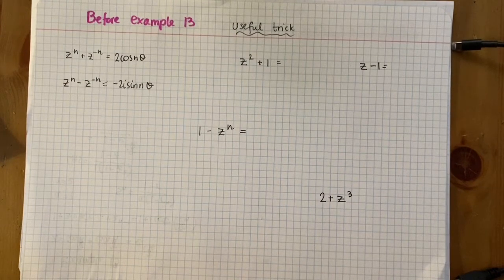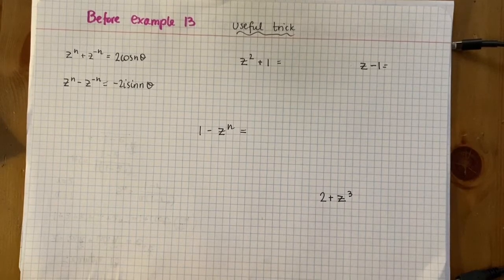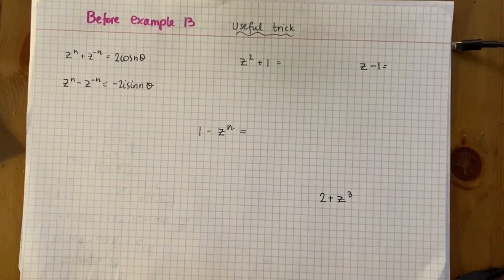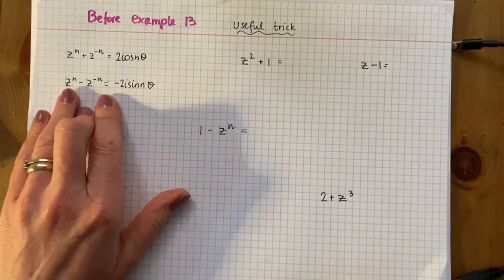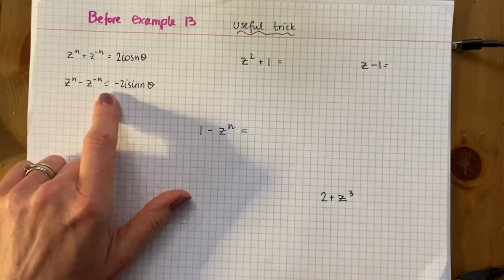Before we start example 13, I'll show you a useful trick that we'll do a couple of times in the next two examples. It enables us to use these two identities.